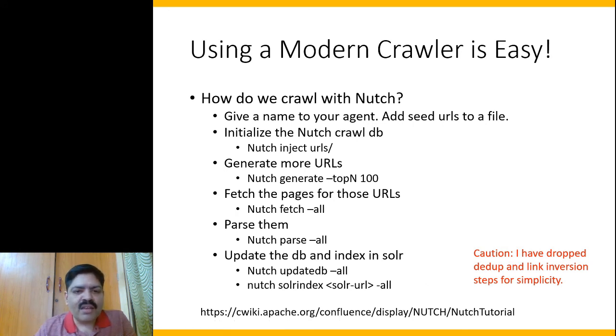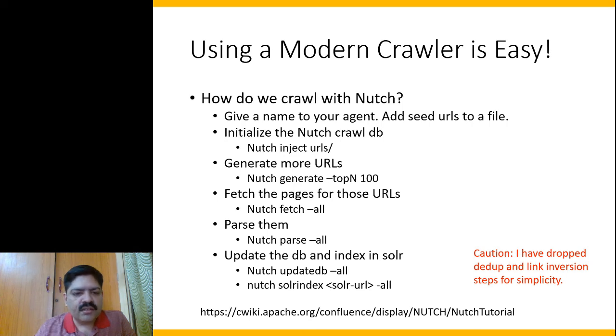So it's as simple as this. We just started by creating a simple agent and creating some seed URLs, and then a bunch of commands to set up Nutch, and that's about it. Of course, I have dropped a few steps over here. You could do deduplication of the URLs, as we just saw in the overall architecture.